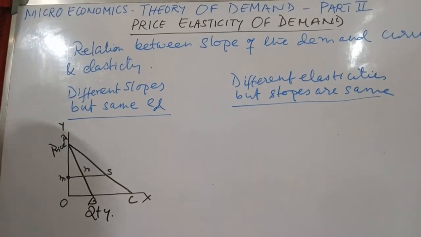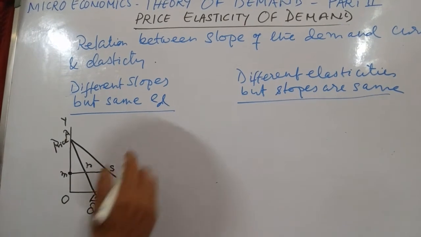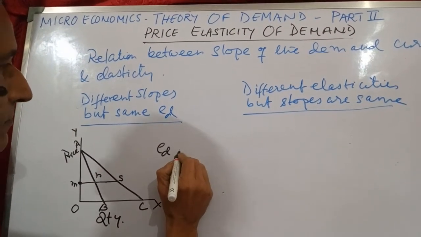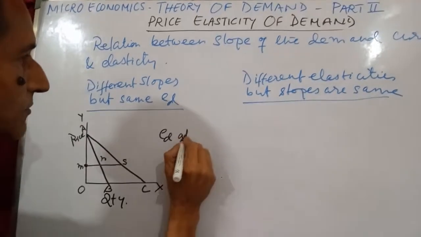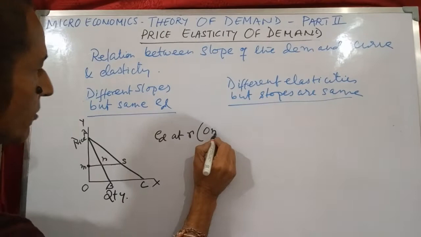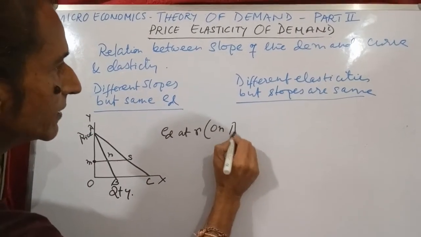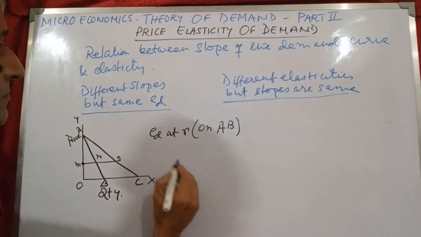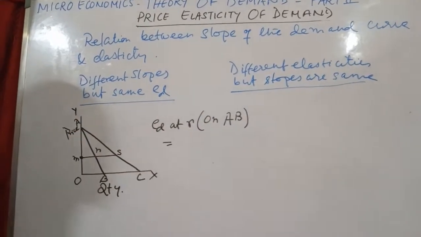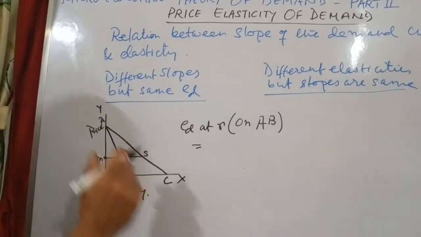So elasticity of demand at point R, which is on demand curve AB, is equal to lower segment by upper segment, that is RB by RA.